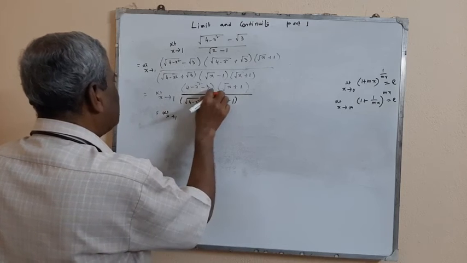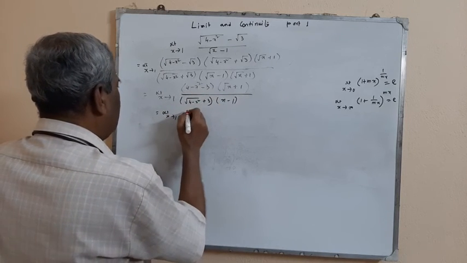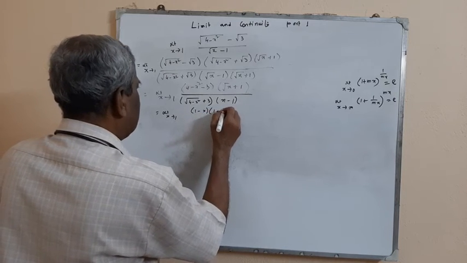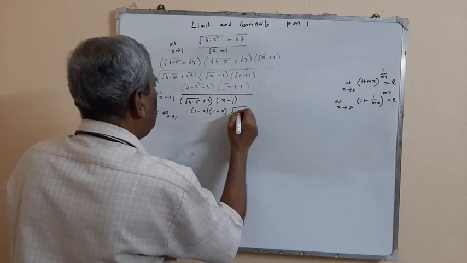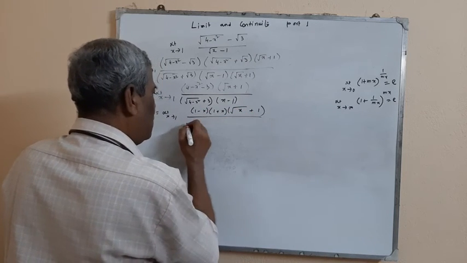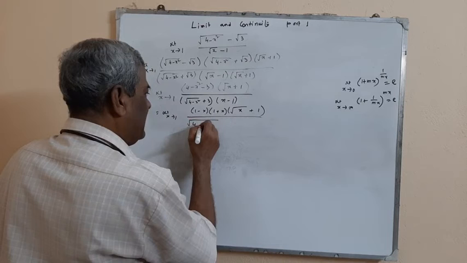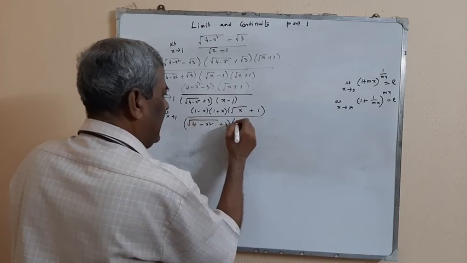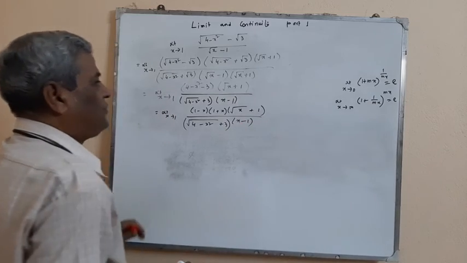This is 1 minus x square, they together: 1 minus x into 1 plus x into root over of x plus 1 by root over of 4 minus x square plus 3 into x minus 1.